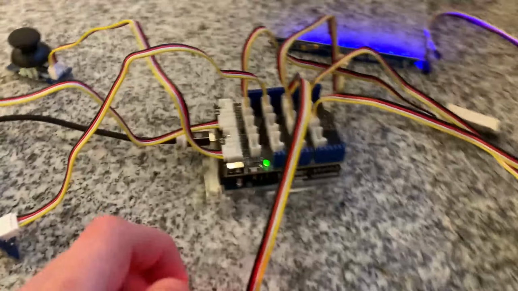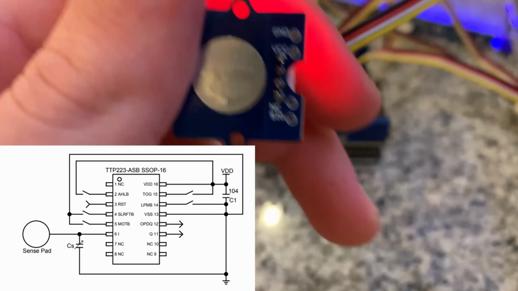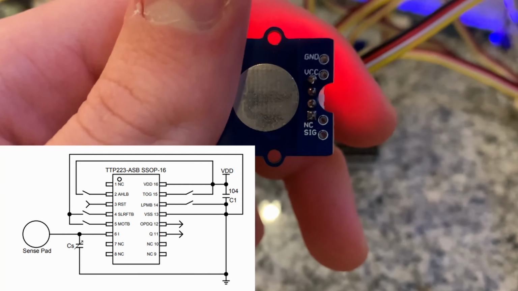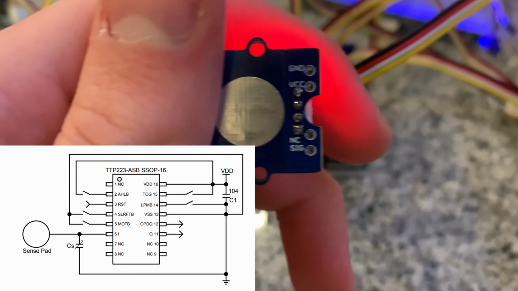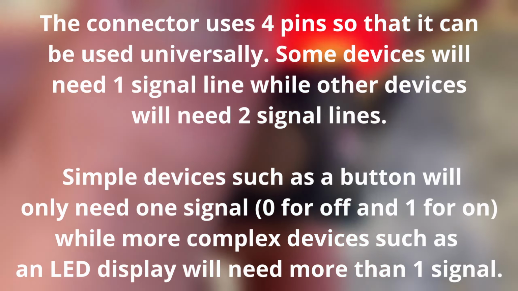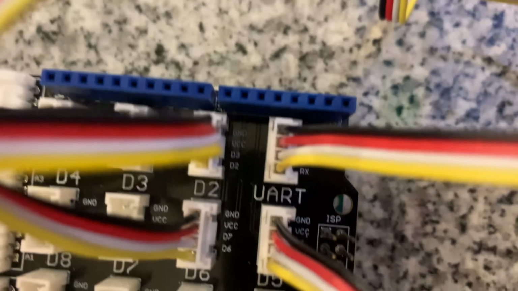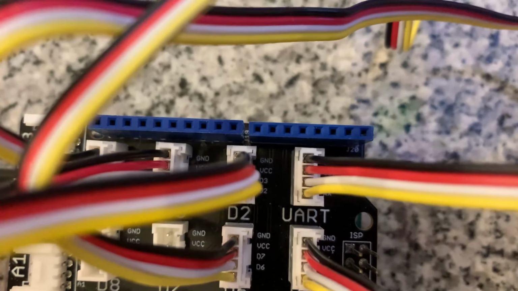And now for something a little more simple, like say this push button here, we have an NC connector, which essentially means not connected, and then we have a signal connector. So essentially the white wire goes nowhere. The yellow wire is our actual signal. So if we look over here, we see that D2 is our actual signal.